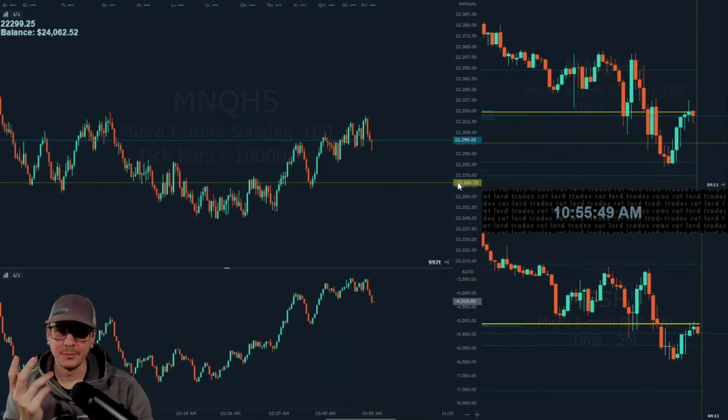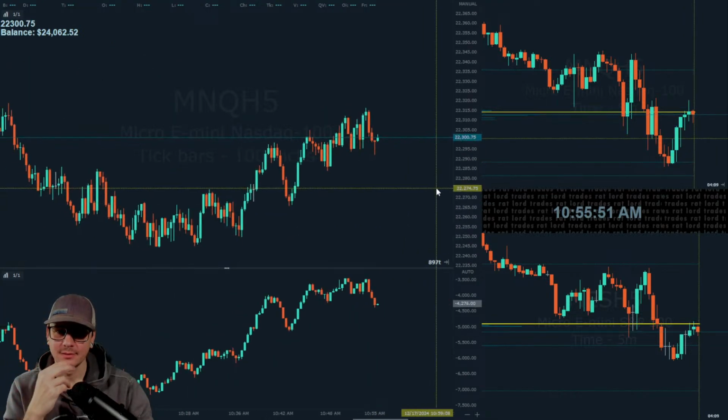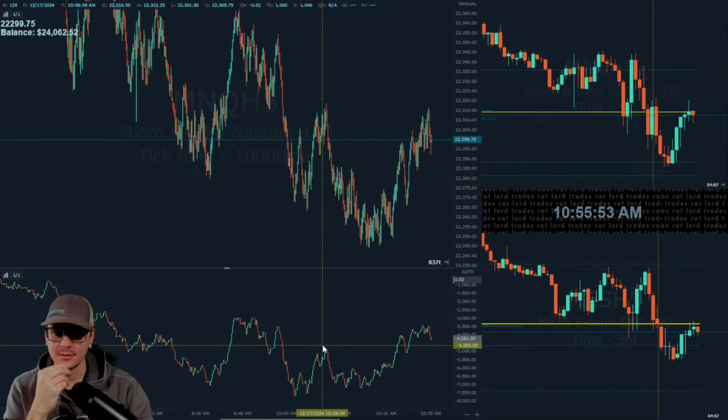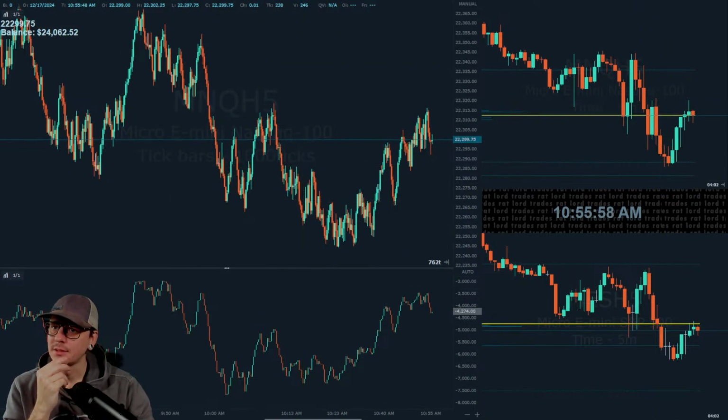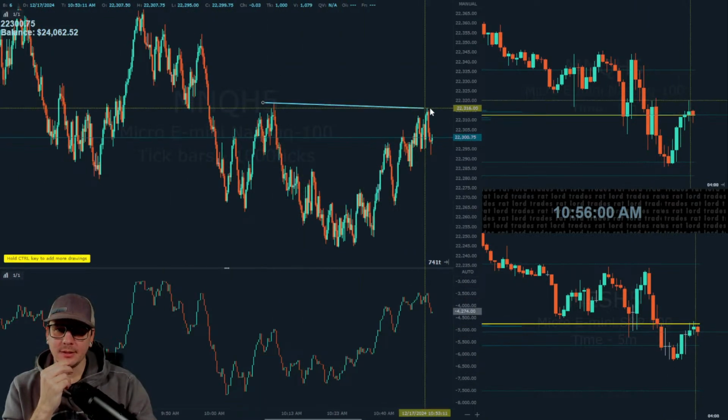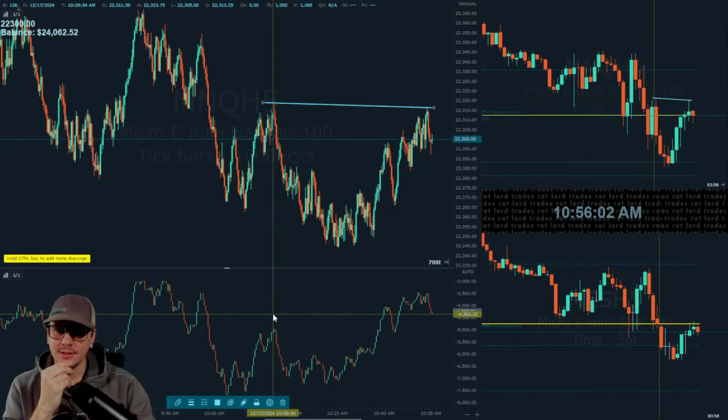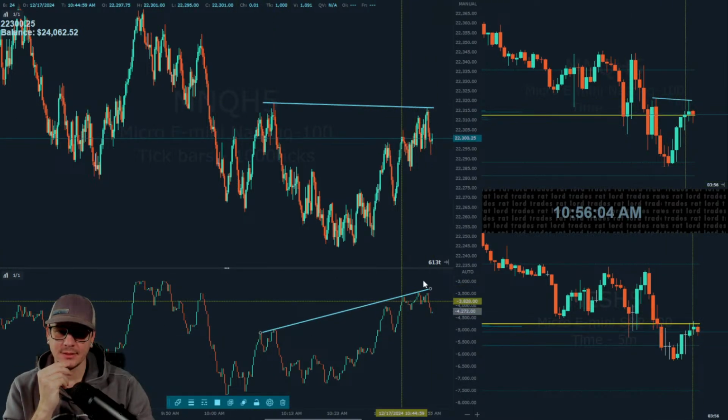But this is a good shorting opportunity, actually. Let me move it so you can see. This high was not taken out, and look how much higher it is. Delta.